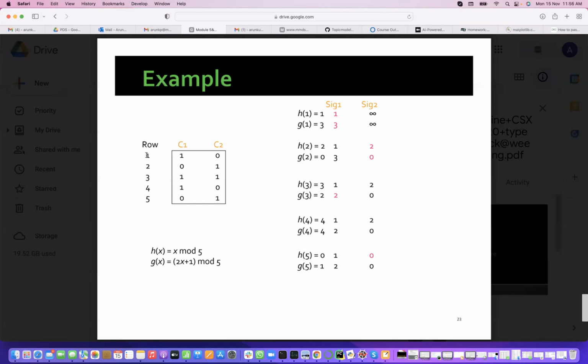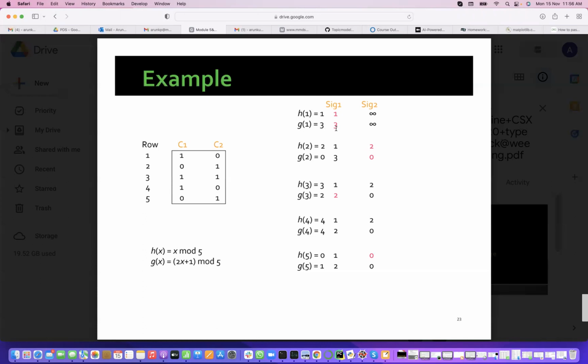So if it has 1 in the current form, the third row will have 1 in permuted order, right? Till now you have seen only one row, that is the third row, and in the third row you got 1. That's why you are replacing infinity with 3. That is reasonable, right?